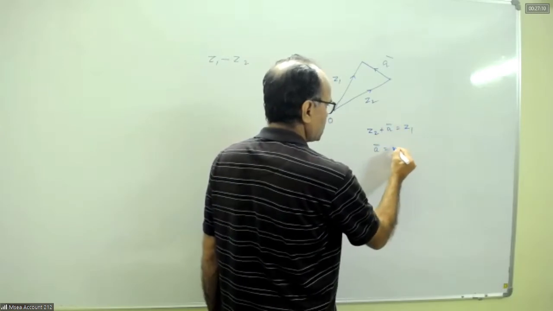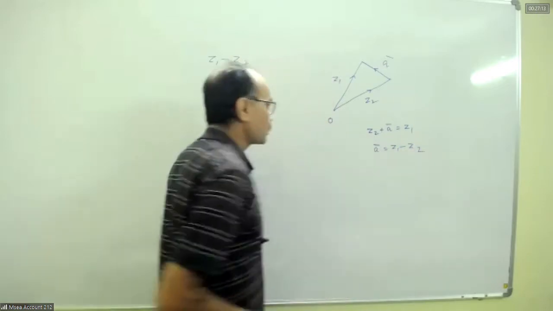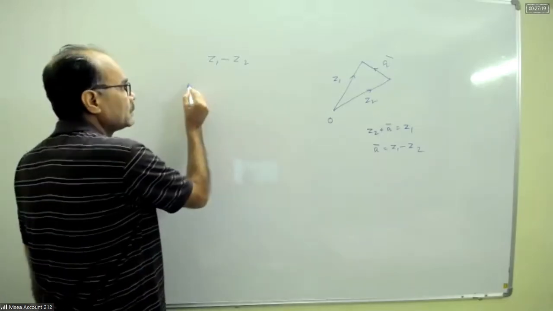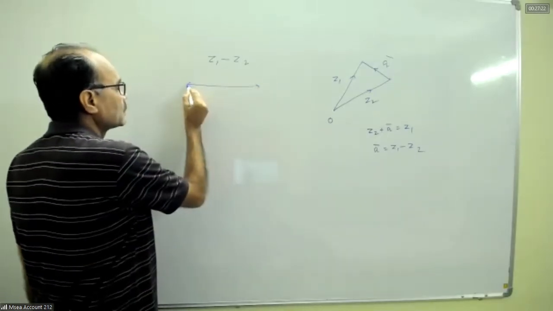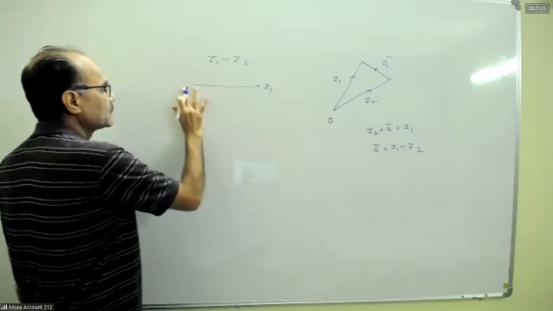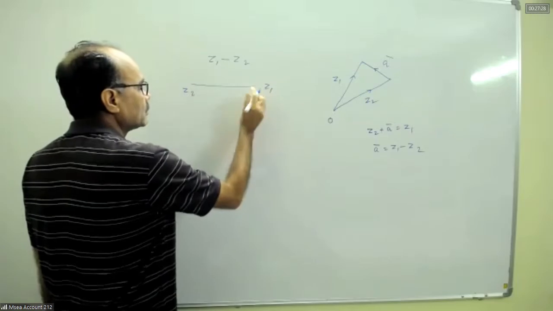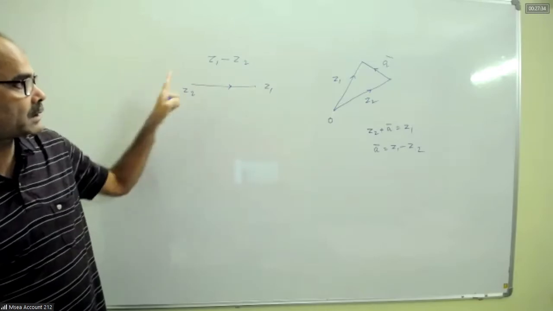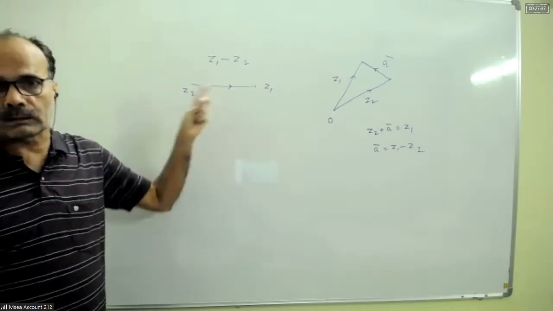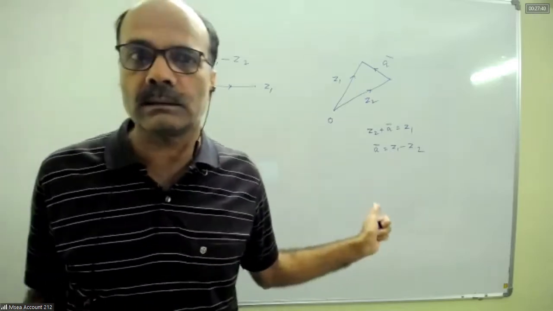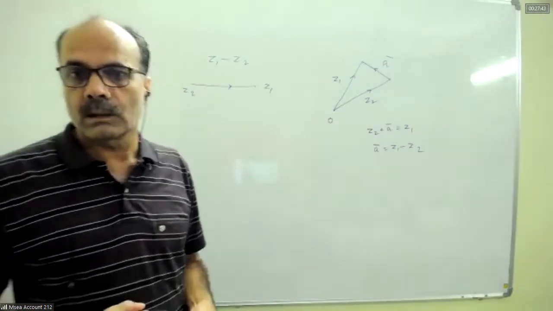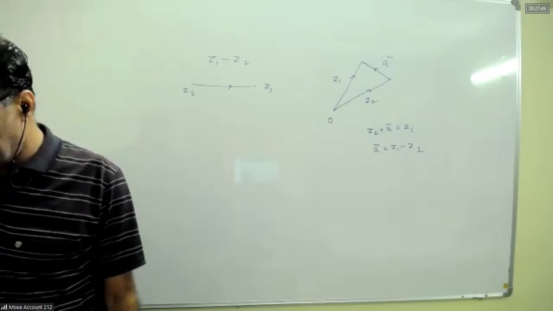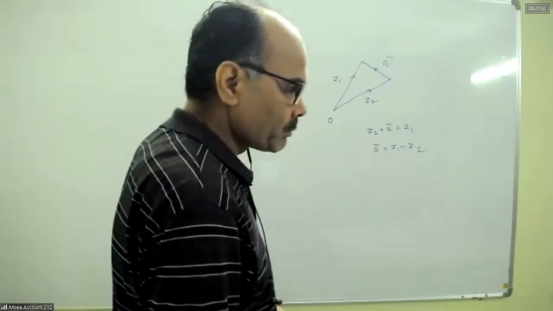So A vector is nothing but Z1 minus Z2. This point is Z1, this point is Z2. Then Z1 minus Z2 is this vector. The geometrical meaning is this vector. As I told you, a complex number is a position vector of a point Z.